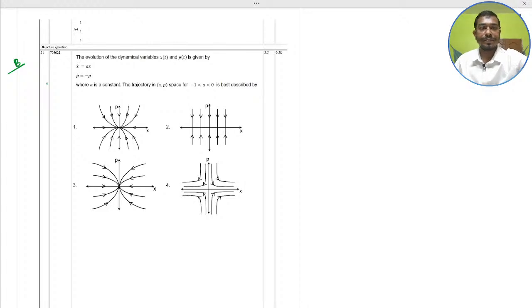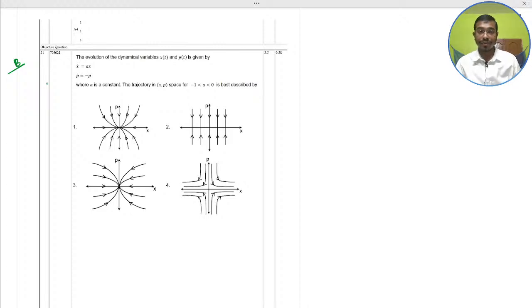The trajectory in xp space for minus 1 less than alpha less than 0 is best described by which? Very important question. Try yourself and give me the answer.